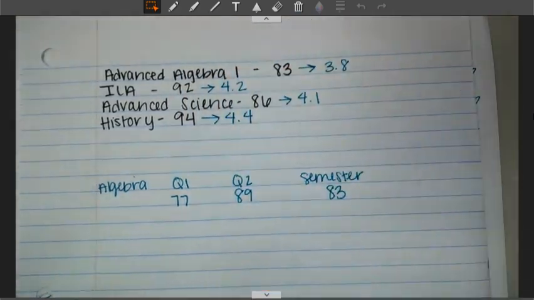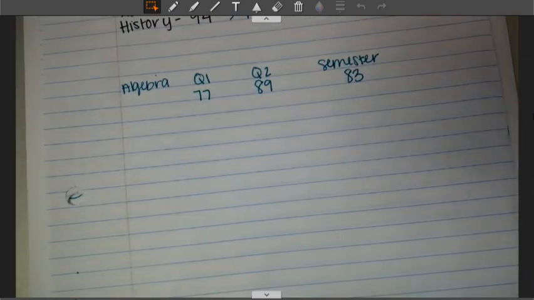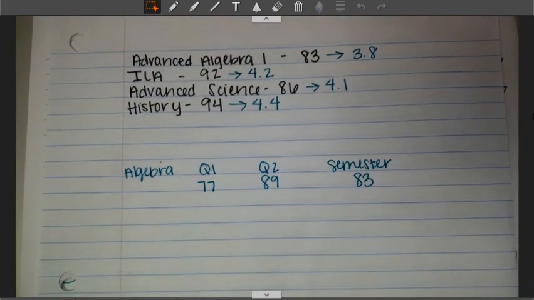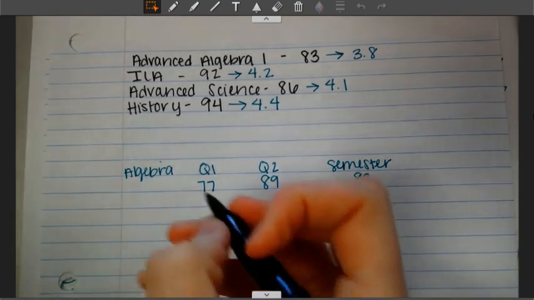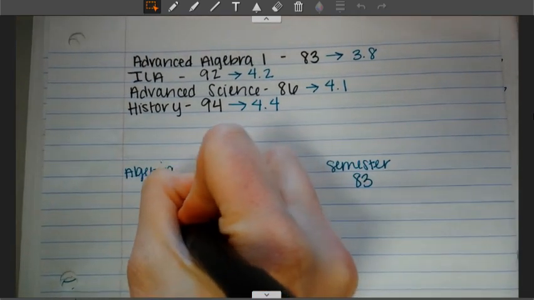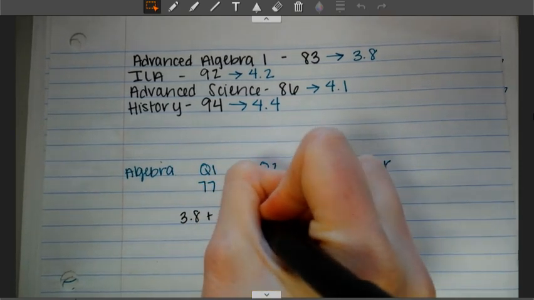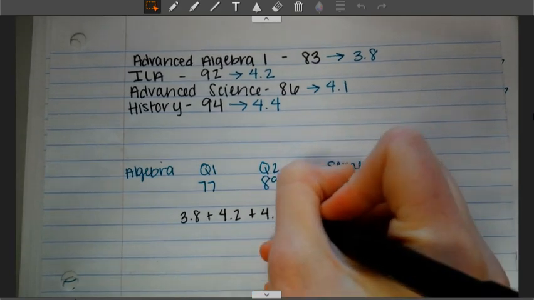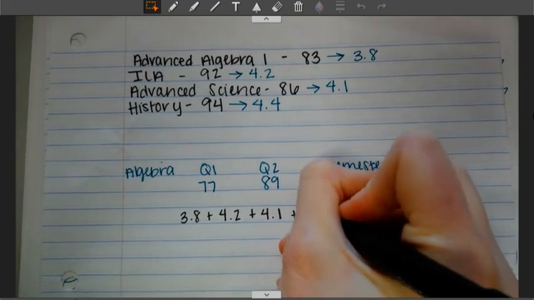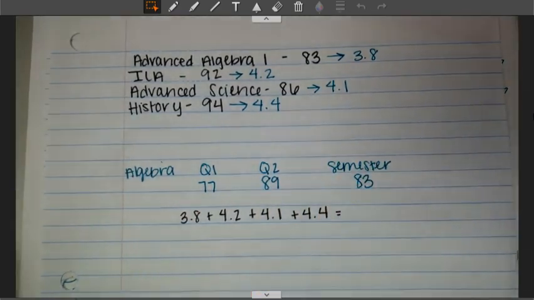So now that I have all my GPA grades, I have to take the average of those to calculate my GPA. So for this, I would be doing 3.8 plus 4.2 plus 4.1 plus 4.4. So I add all of those up.